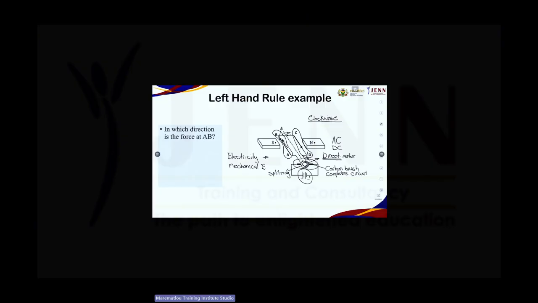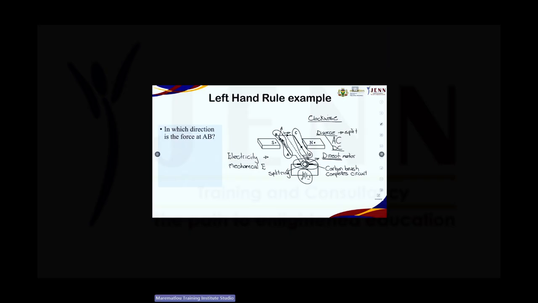Now, just the easy way to remember that: we have DC, which means direct current. Unfortunately, if someone gets divorced, what do they do? They split up. So you can remember that by using this, and D stands for divorce.